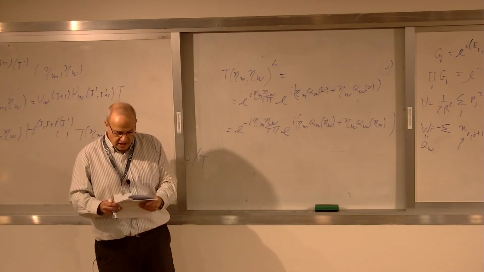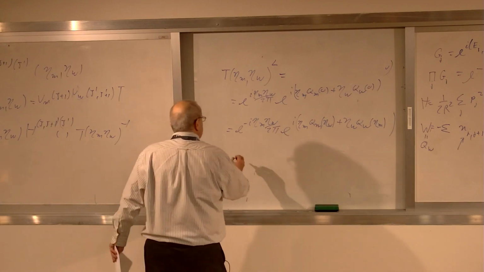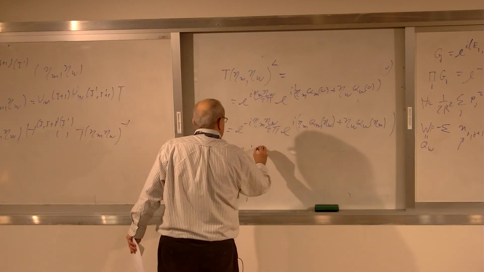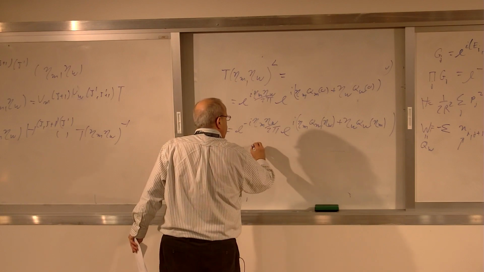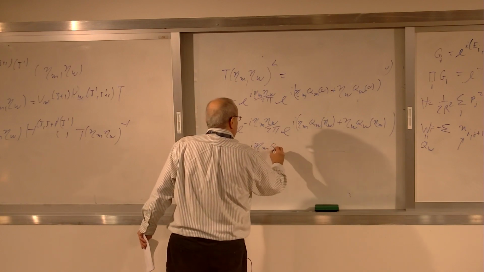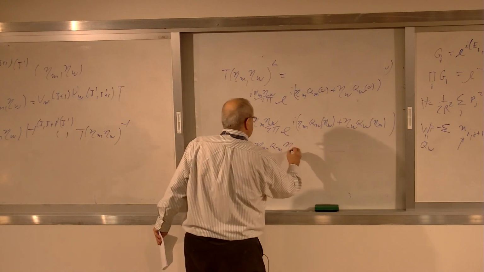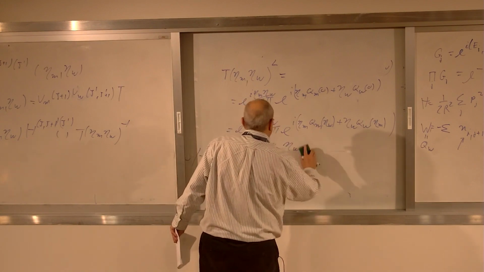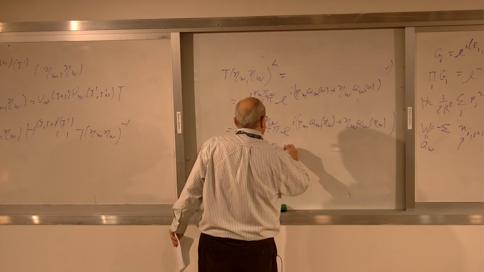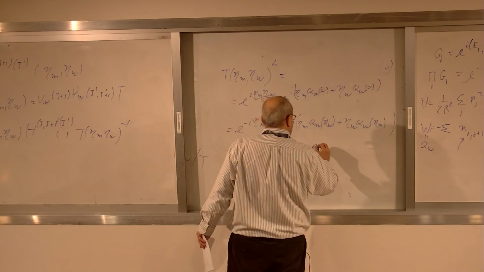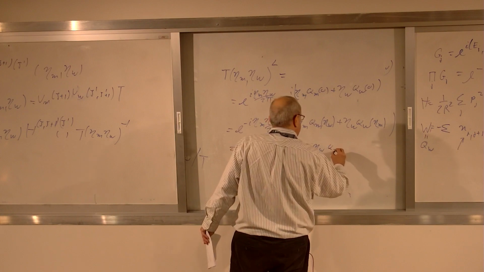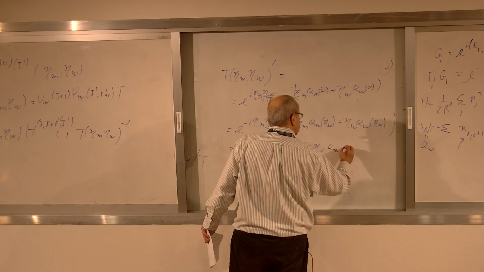I can have one without a phase, for example, e to the i eta m qm, eta w, oops, no, eta m of qw plus the i eta w qw of 0.